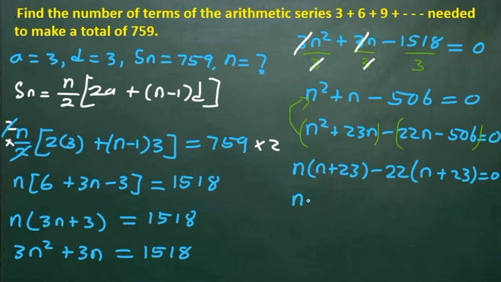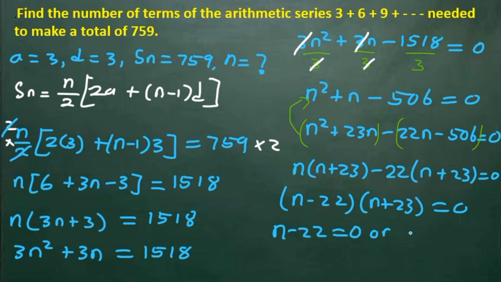So this will give us n minus 22 times n plus 23 equals 0. So this can also be said as n minus 22 equals 0, or n plus 23 equals 0. So basically n will be equal to 22, sending it to the other side of the equation, or n will be equal to minus 23.